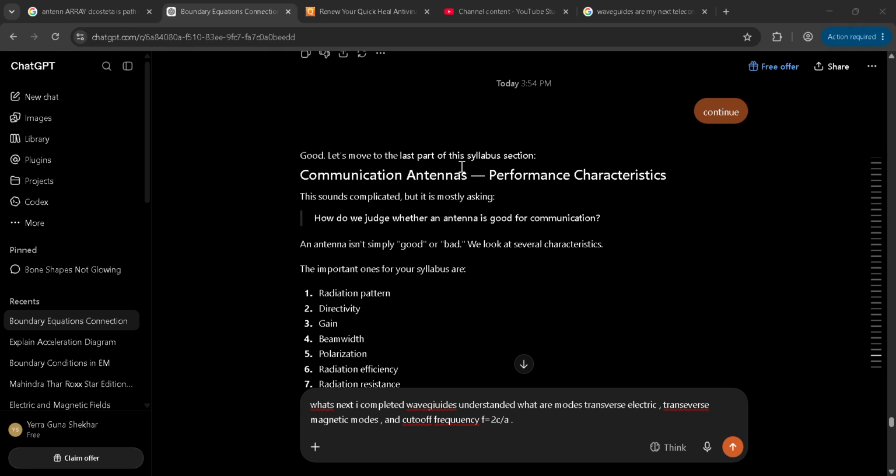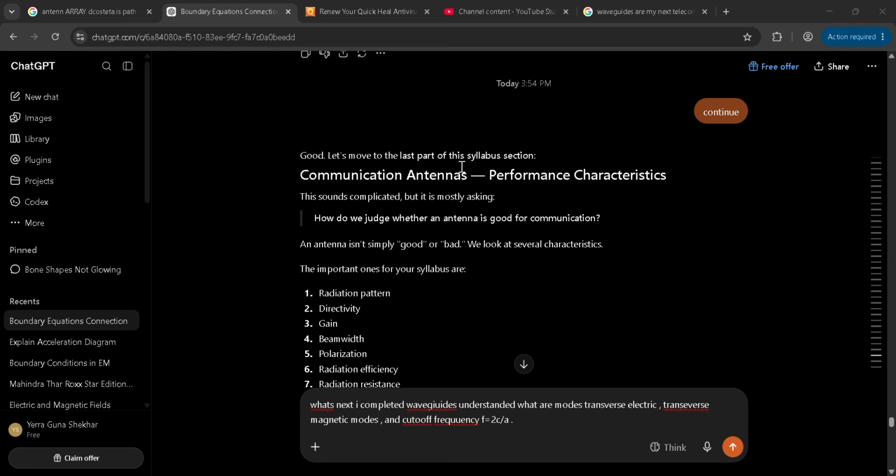So we are now going to study communication antenna performance characteristics. This sounds complicated, but it is mostly asking how do we judge whether an antenna is good for communication.